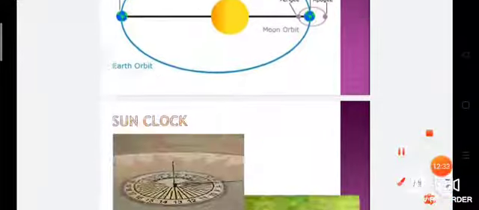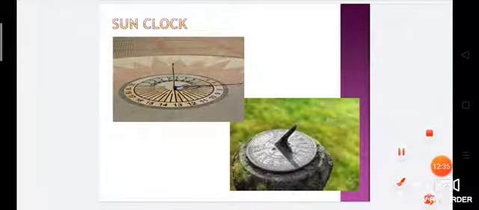Okay, now this is the picture of the sun clock.